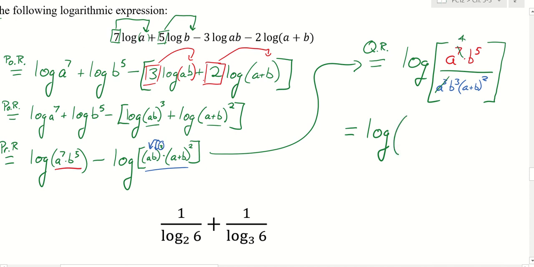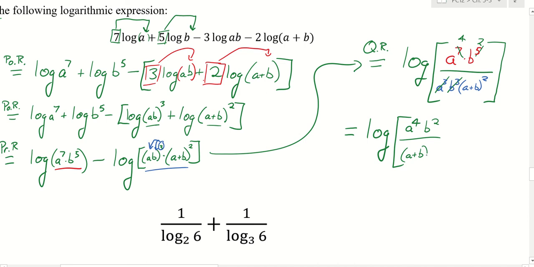Let's maybe do square brackets: A to the 4 on our numerator. And then B to the what? Well, B to the 3 on the bottom, B to the 5 on top. That will now be an exponent of 2, because we take the difference of those exponents, right? B to the 5 minus 3 is 2. All over (A plus B) squared.